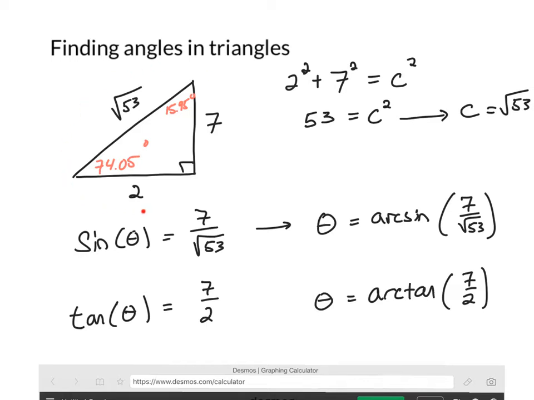And since we're dealing with positive side lengths, these angles for the triangles are always going to be between 0 and 90 degrees, which is exactly what we want here. We want these acute angles that are given by our inverse trig functions. So they're particularly useful, no modifications needed.